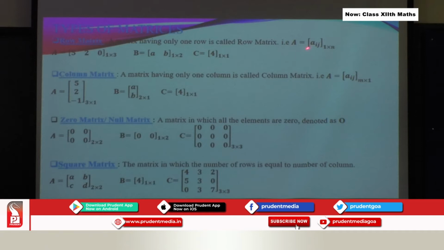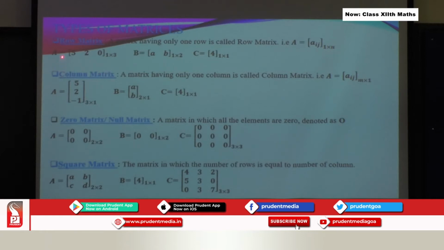If A equals Aij, and you look at the order, you get only one row, so m is equal to 1, but you can have n number of columns. So the order of a row matrix is always 1 cross n.